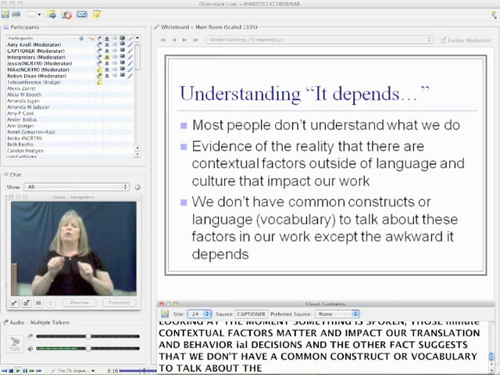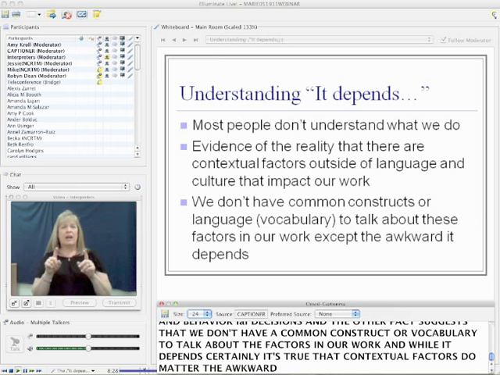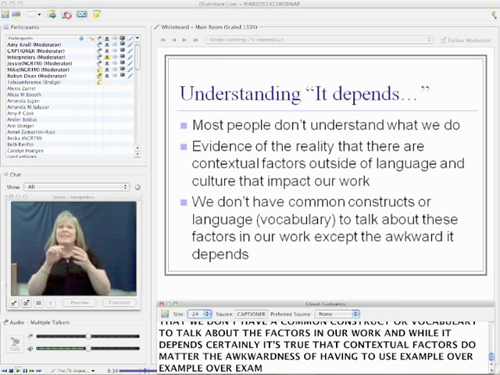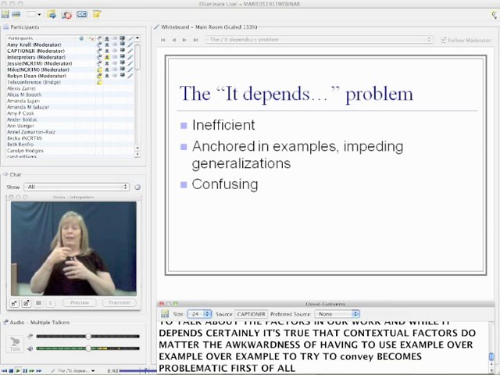And while "it depends" certainly is true in that contextual factors do matter, the awkwardness of having to use example over example over example to try to convey how important these context pieces are to our decision making becomes problematic. First of all, it's inefficient. We try to house our decisions into examples.